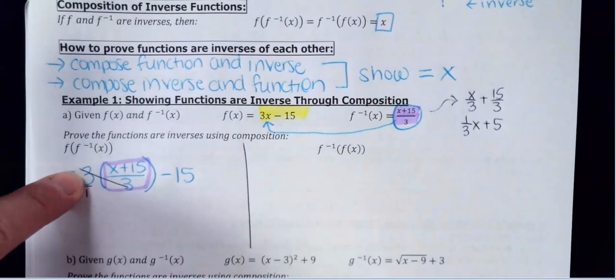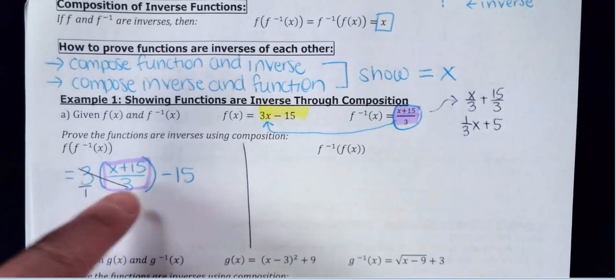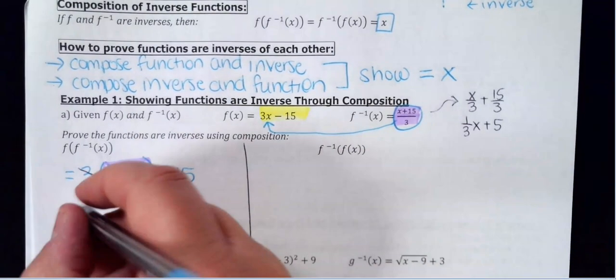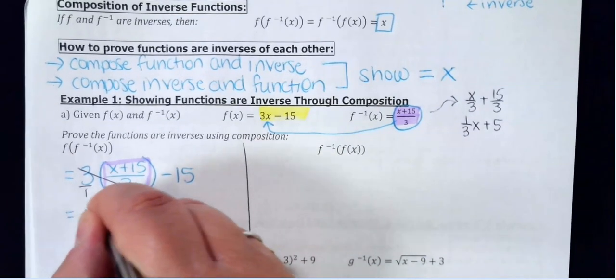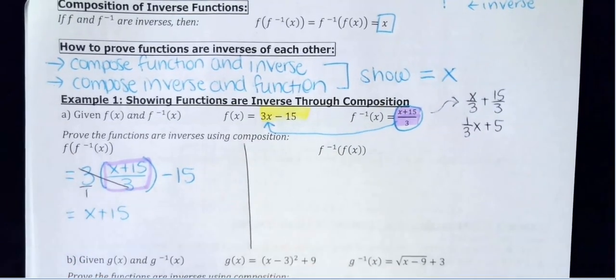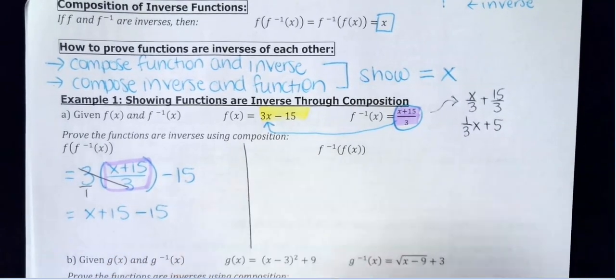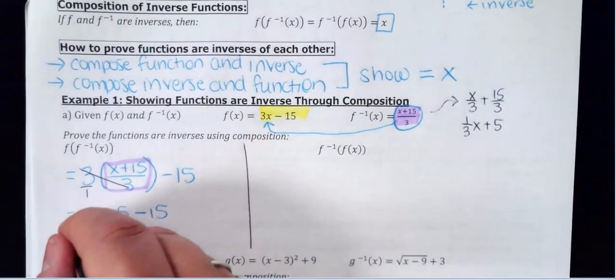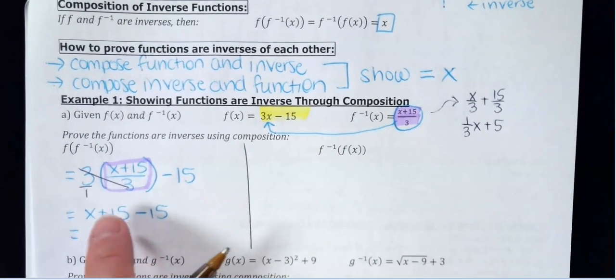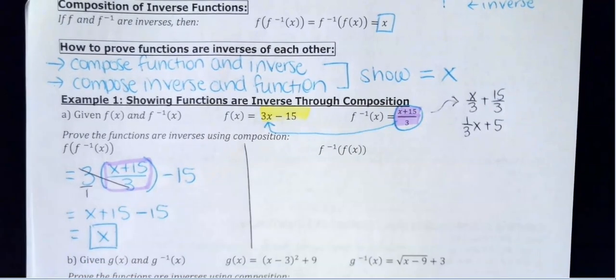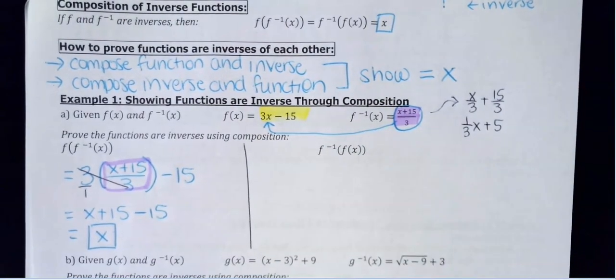If you've got a number on the outside that you're multiplying and you're dividing by the same number, they literally just cancel each other out. All you would be left with is x plus 15, which was on the top, and then I had this minus 15 on the outside. If you combine like terms, you have a positive 15 and a negative 15, and that cancels and just becomes x. And that's what we're trying to show.